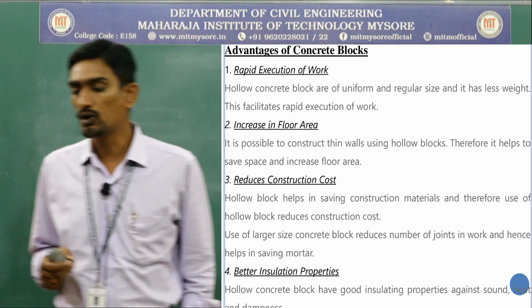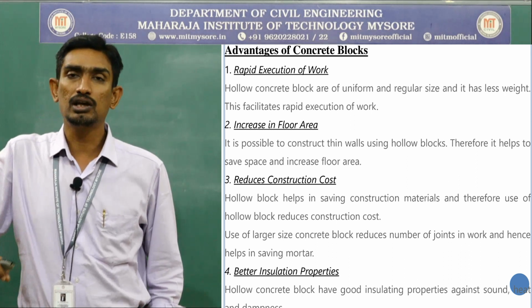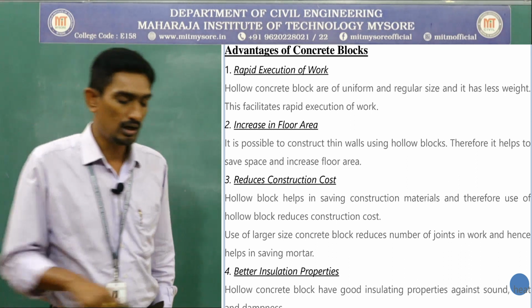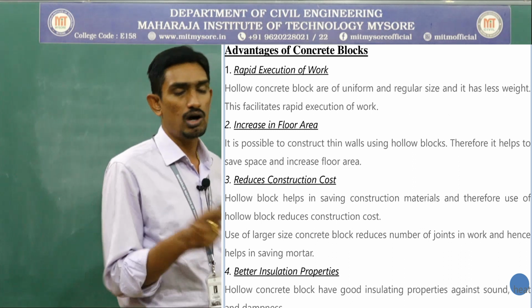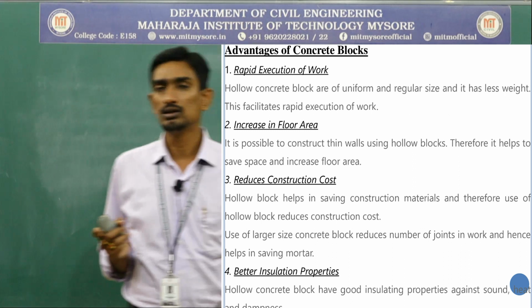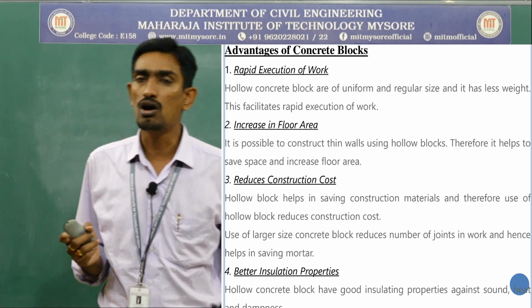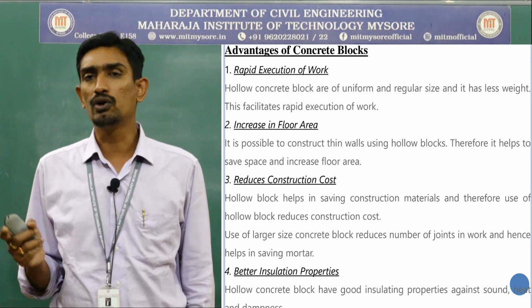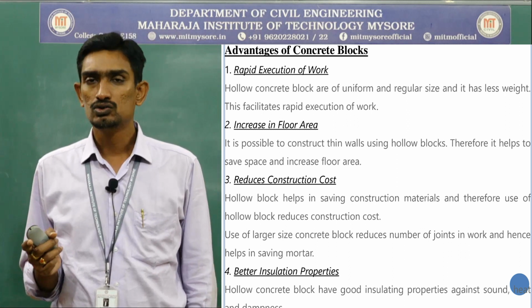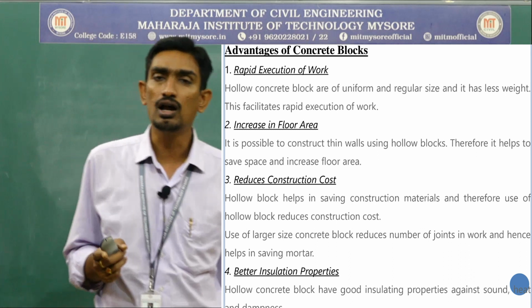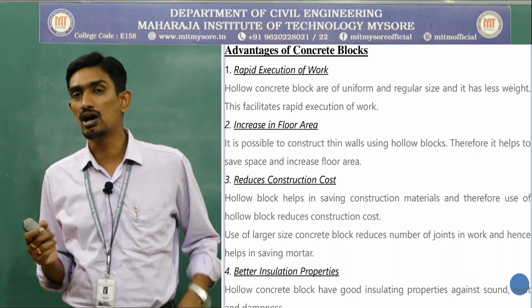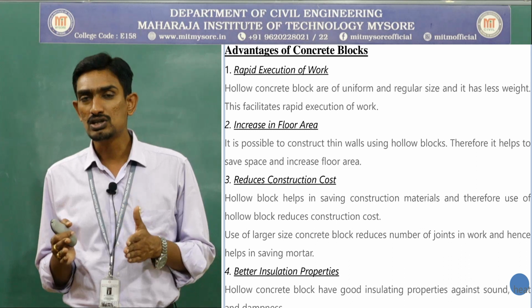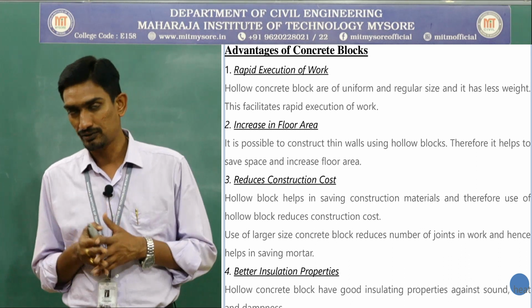Next, increase in floor area. So that means, if we use, for example, this is very important. When you want to construct a building, if you use a hollow concrete block, a 4-inch wall or something like that, those 4-inch walls will increase the floor area because compared to 6-inch, 4-inch will occupy less space.